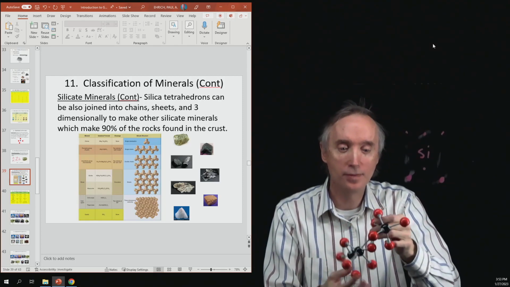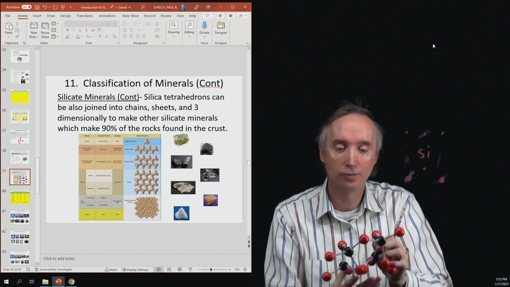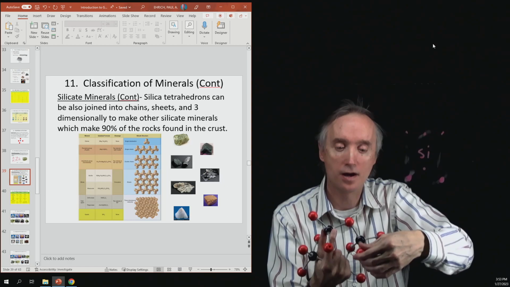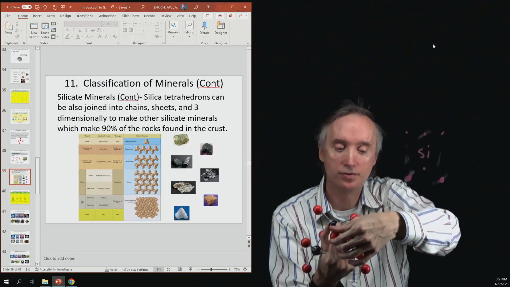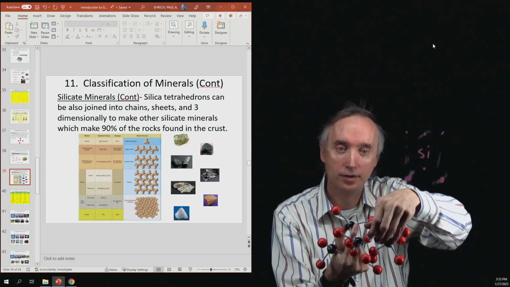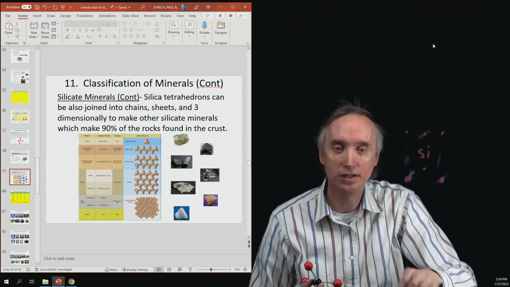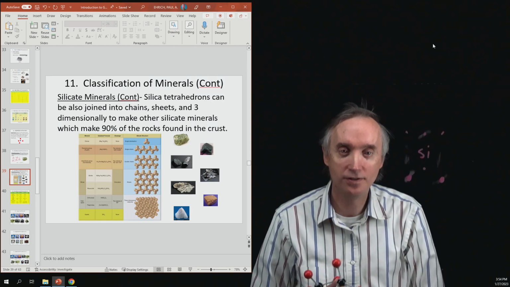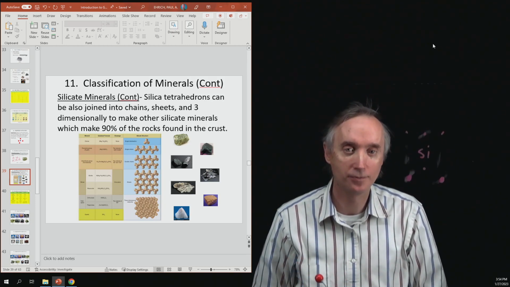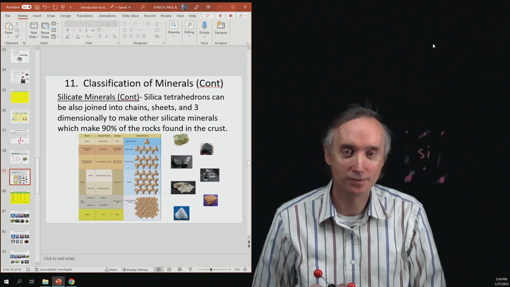And then can you imagine that I remove this oxygen and this oxygen, and then I take another chain and I glue it to that. Now I've just made a sheet mineral such as muscovite. So your micas.